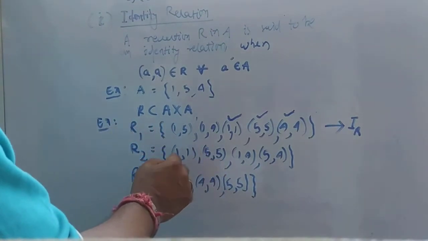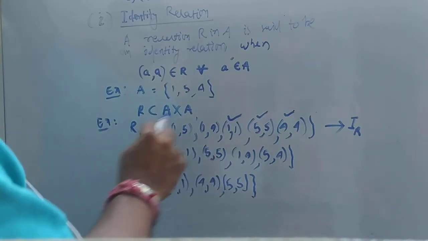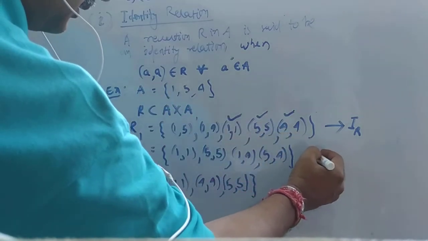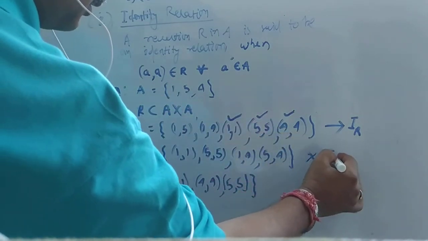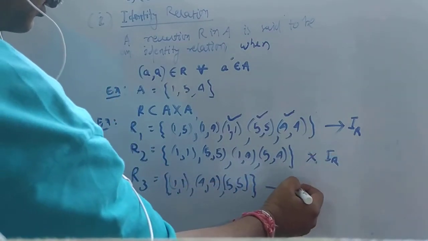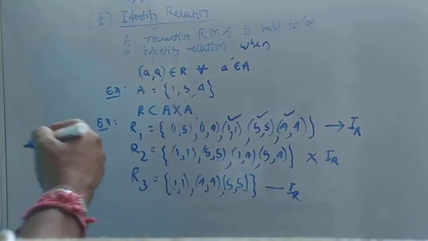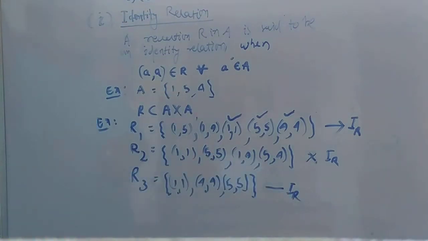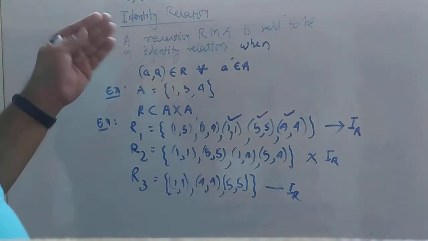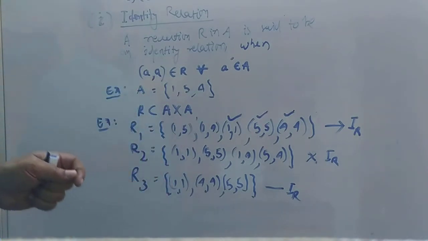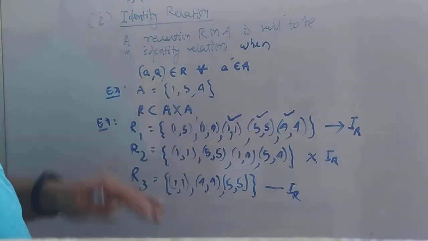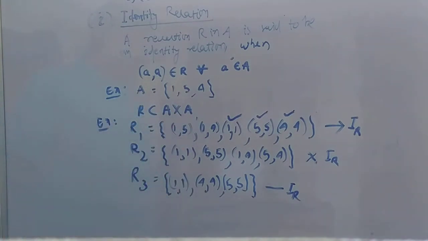R2, here you can see (1,1) and (5,5) are there, but (4,4) is not here. So this is not an identity relation. Again in R3, all three are present, so this is an example of identity relation. It plays an important role in functions. After this we will move towards functions, so there we will discuss in detail the identity function, which is related to identity relation. Okay, clear?